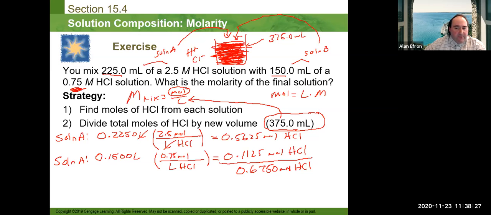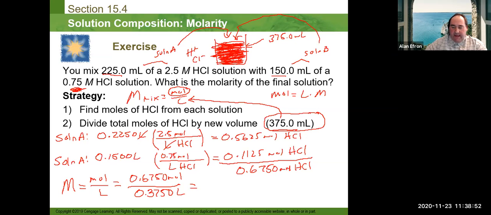So now we have the total moles of the HCl swimming around in there. We have the total volume. We can figure out the molarity, which is moles per liter. So we'll take our 0.675 moles and divide it by the liters of our solution. So we want to divide by 1,000 or move the decimal.